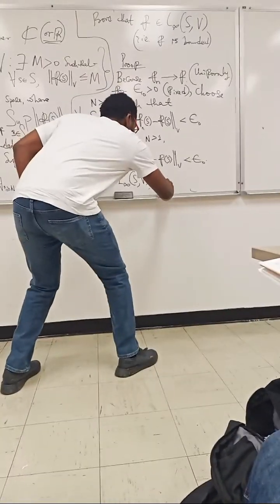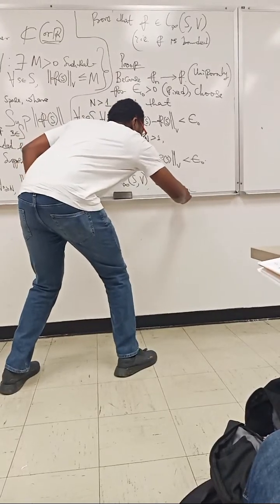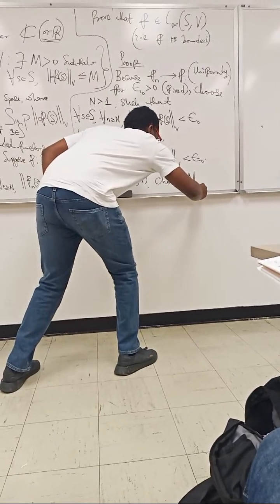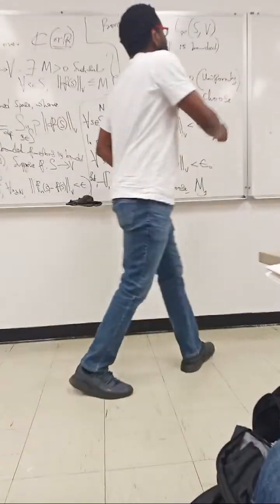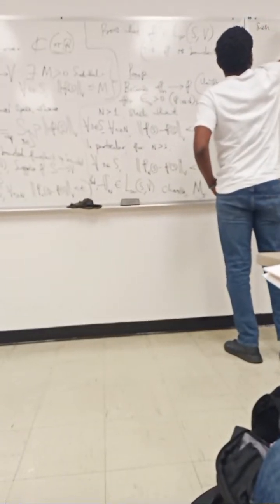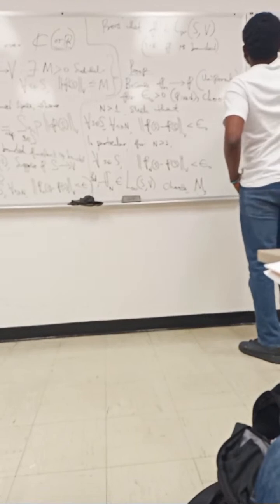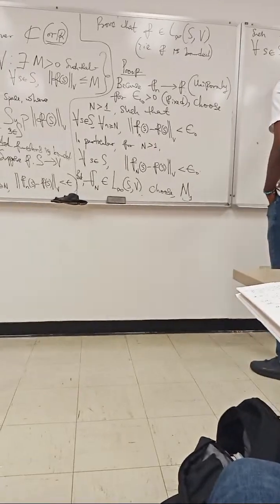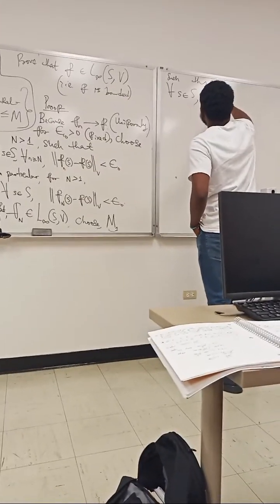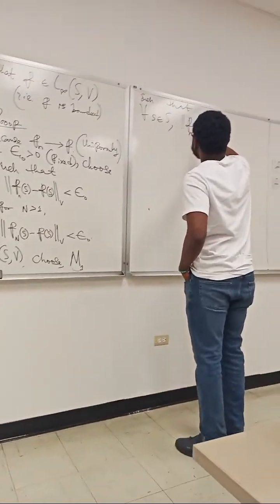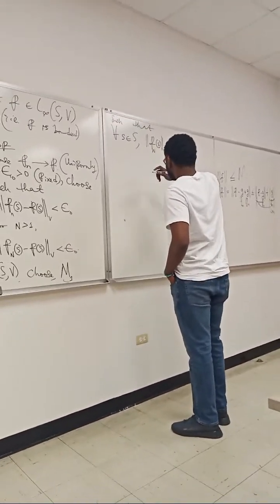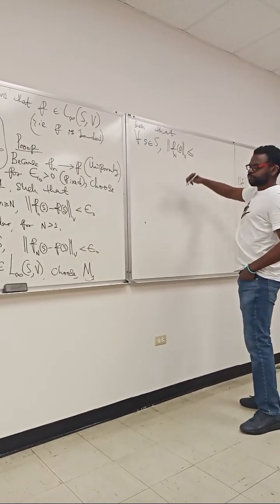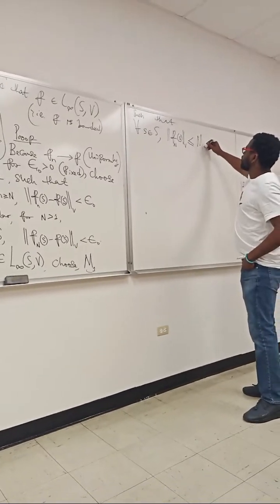So choose again M, I can now call this one M1, such that for all s in S, the norm of Fn of s with respect to V is less than or equal to M1.